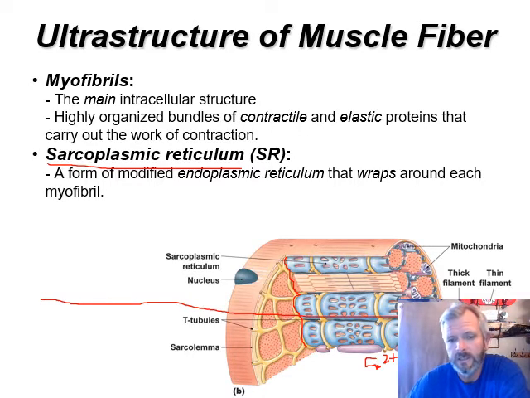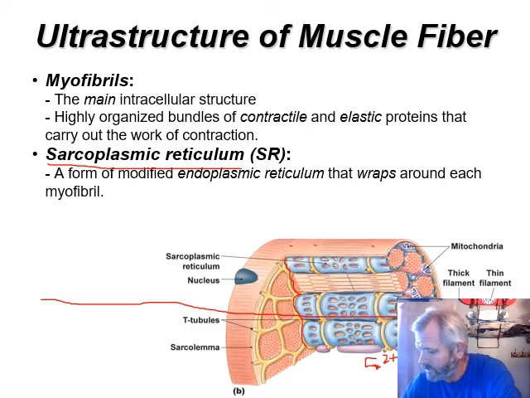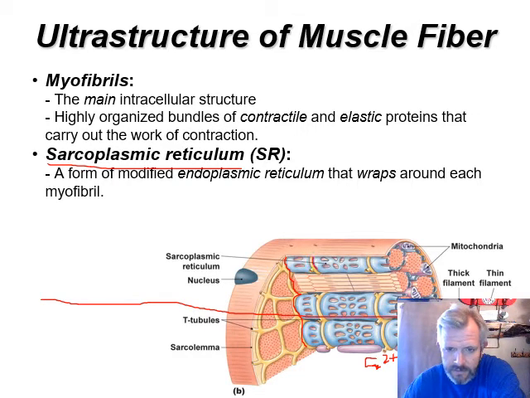We can cause the muscle to get activated and send that action potential down the membrane of the muscle fiber, the sarcolemma. The key is that action potential is the key to cueing contraction.